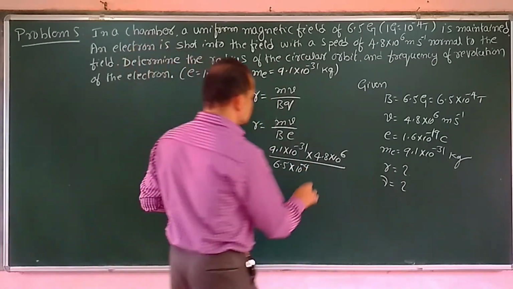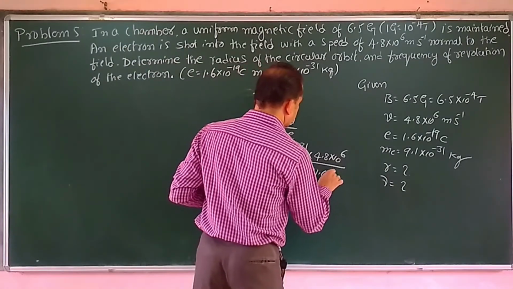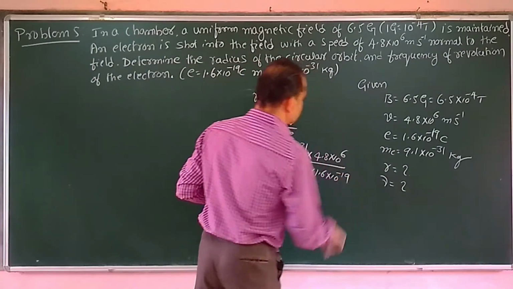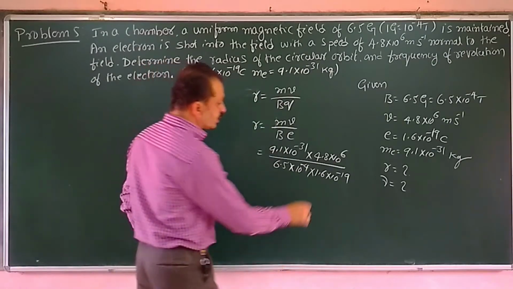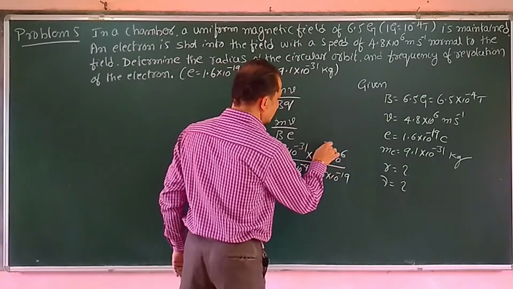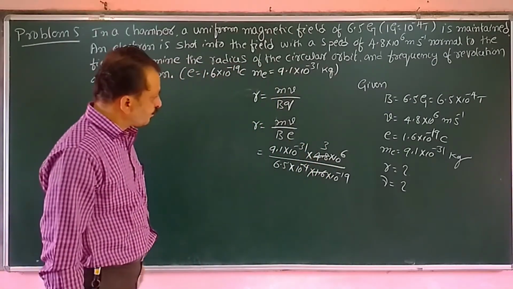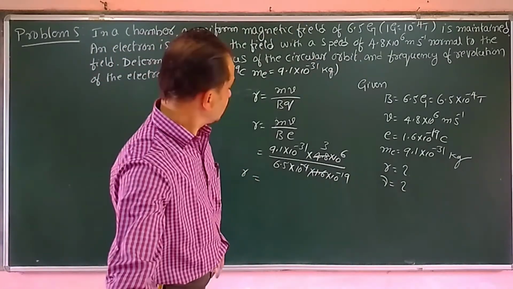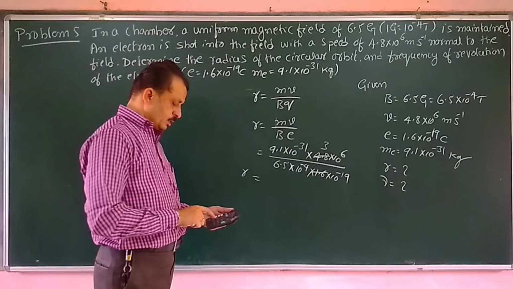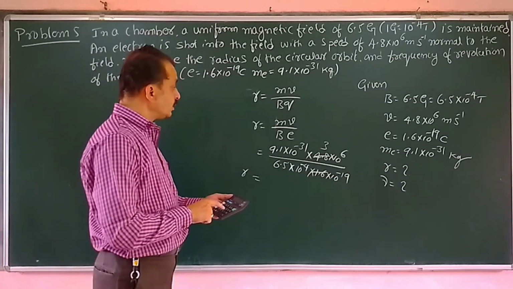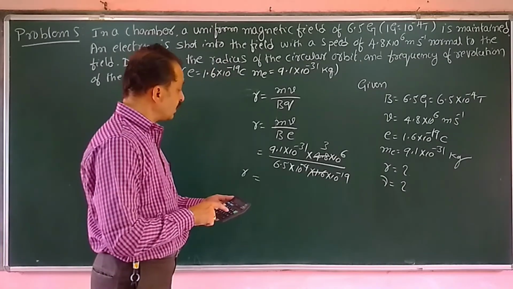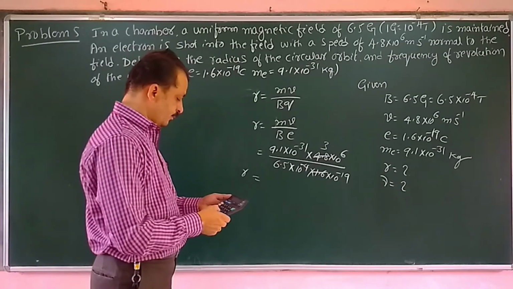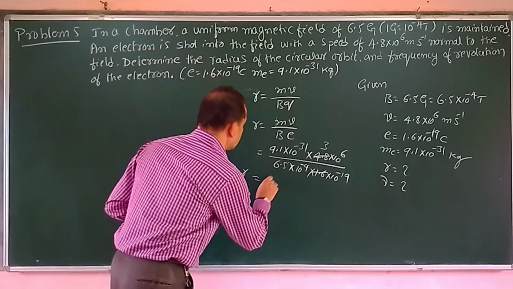And charge is 1.6 into 10 raised to minus 19. Look here, 1.6 ones are, it is 3s are. Now the rest of the thing is done with the calculator.